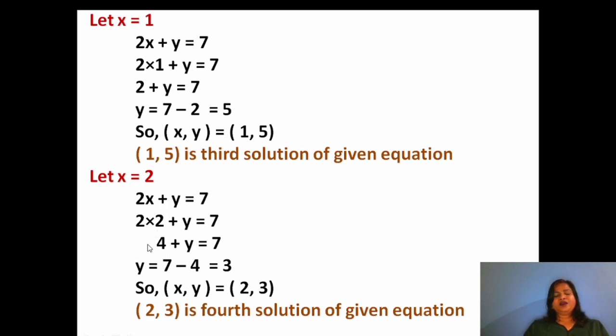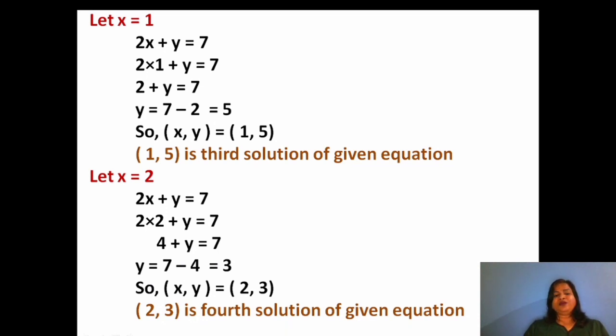So we are writing here 4 plus y is equals to 7. Now y is equals to 7 minus 4, because we are taking 4 to the right side, so the sign will be converted to minus. y is equals to 3. So x, y is equals to 2, 3. 2, 3 is the fourth solution of the given equation.